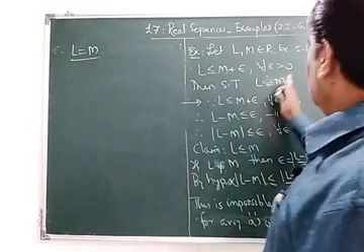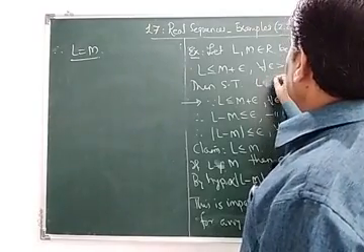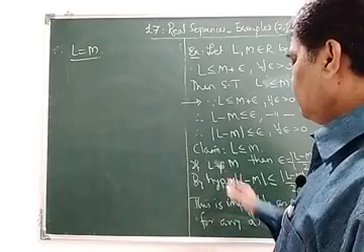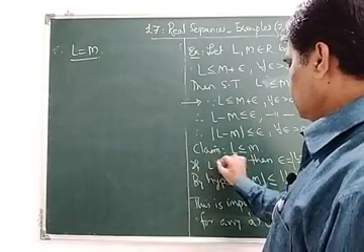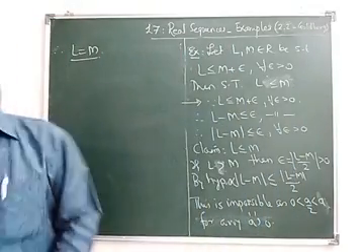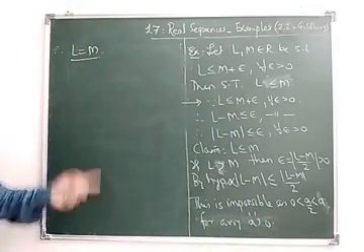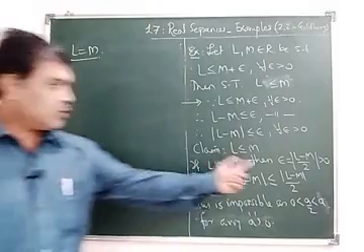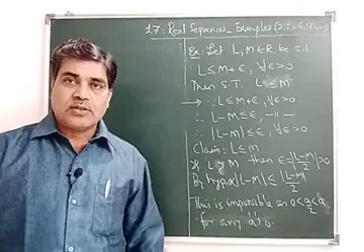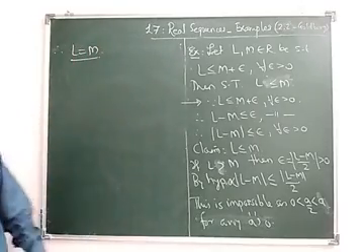Our aim is to show that L is less than or equal to M. So if I assume that L is greater than M, then epsilon equal to mod L minus M by 2 gives us a contradiction.